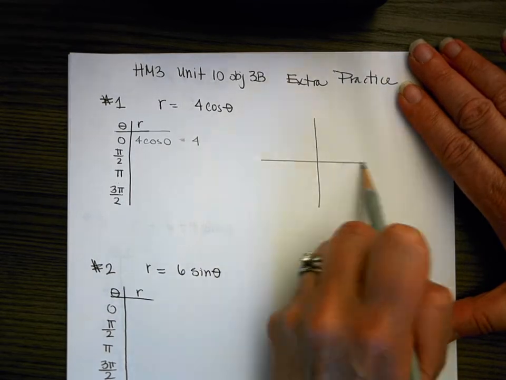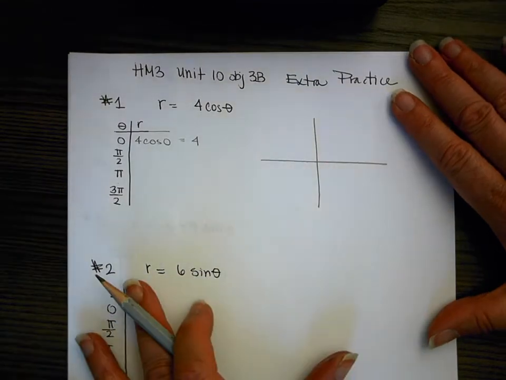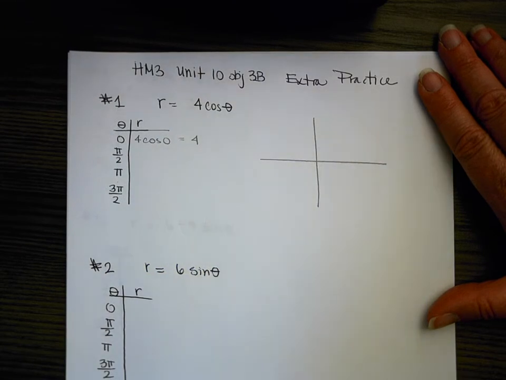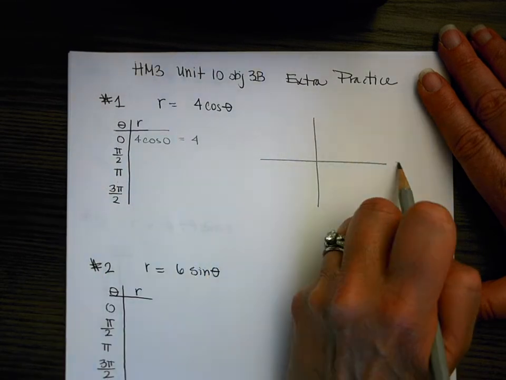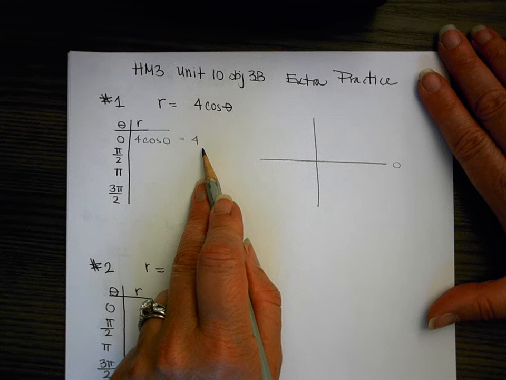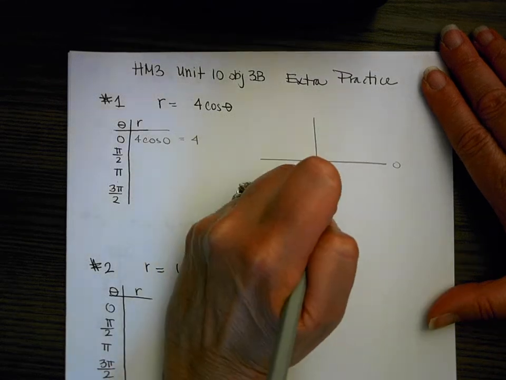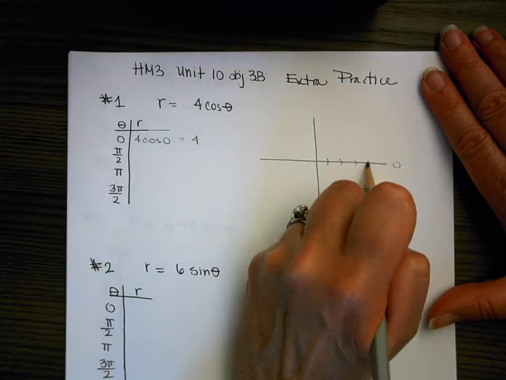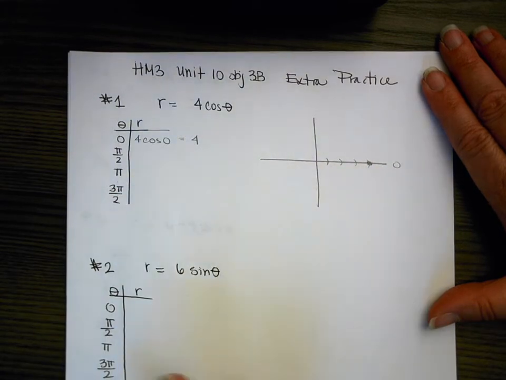For my polar graphing, I usually just draw an xy, and I don't draw in the concentric circles. So at theta equals 0, I'm going to go out 4 units to the right, or towards the 0. 1, 2, 3, 4, so that would be right here.